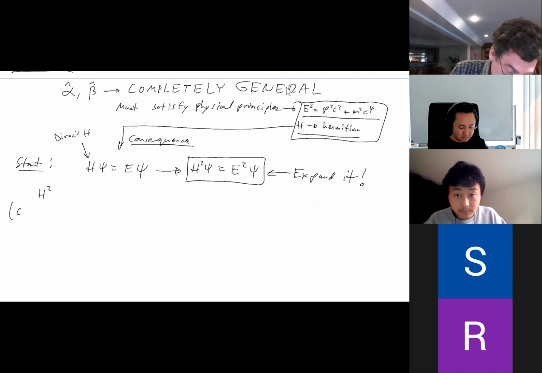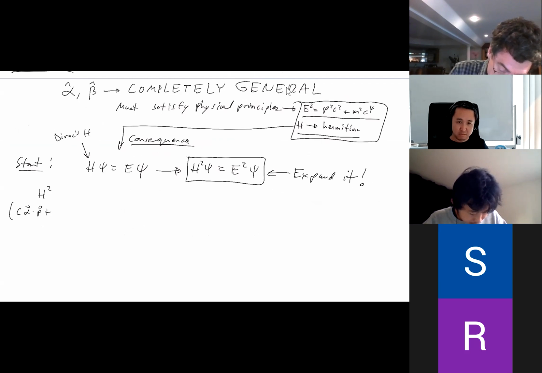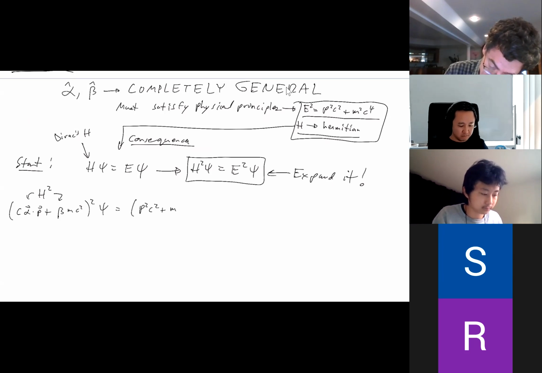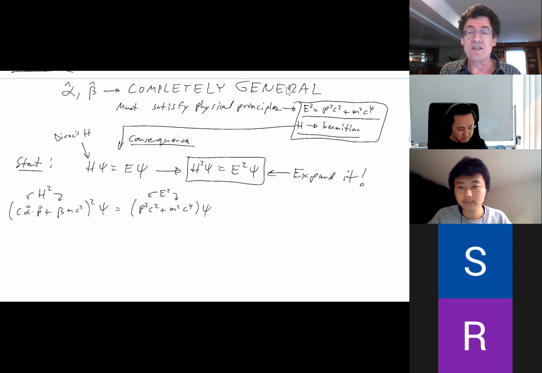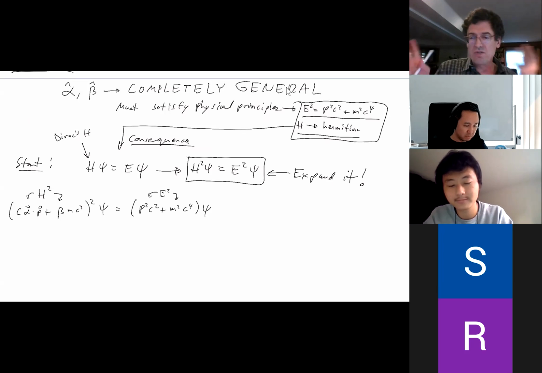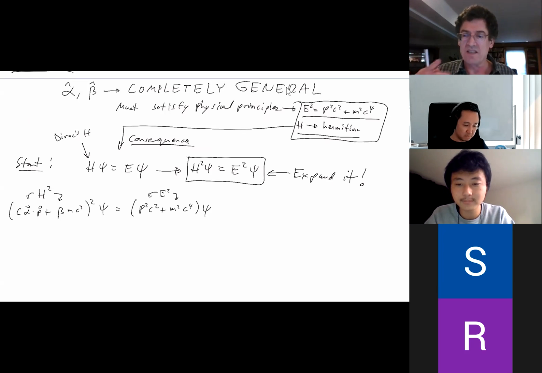It's going to be (c alpha dot p plus beta mc squared) squared psi is equal to (p squared c squared plus m squared c to the 4th) psi, since that's E squared. Okay, so I get this new equation. And this was Dirac who did this. He's like, okay, if this is true, then that must be true. So this was his next line of reasoning.